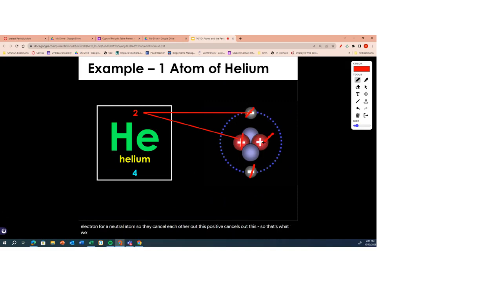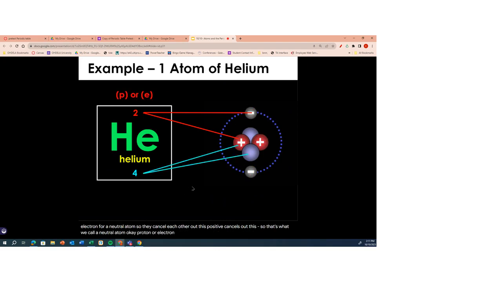So that's what we call a neutral atom. Helium has 4 in the atomic mass because we're counting up all the parts in the nucleus, protons and neutrons. 2 protons, 2 neutrons.